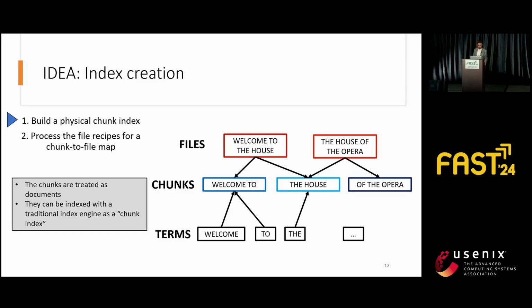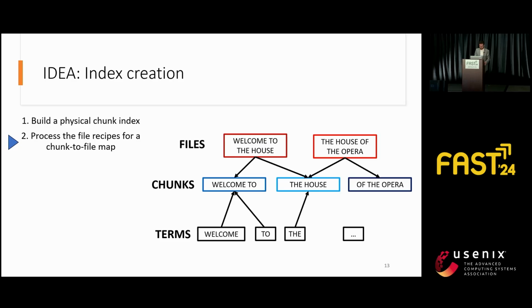What is important to understand here is that the chunks are treated completely as documents, which means that we treat the chunks as a file system itself, and we can use a completely traditional index engine for the chunks. We don't need to reinvent the wheel here in order to index the chunks.